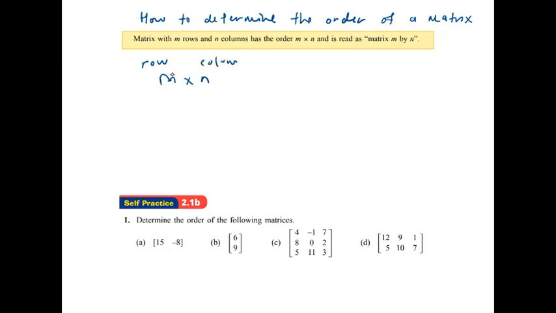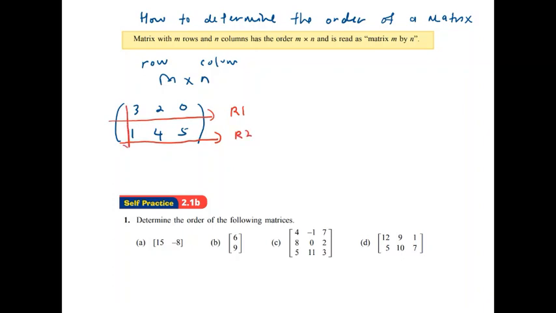So I give you an example. Let's say we have 3, 2, 0, 1, 4, 5. So look at this example. So number 3, 4 and 2 are in row 1. Number 1, 4 and 5 in row 2.